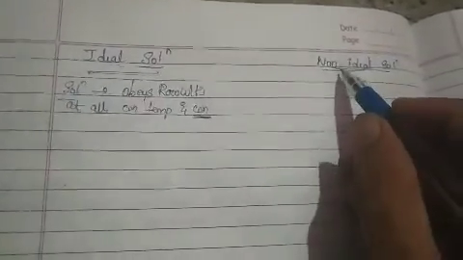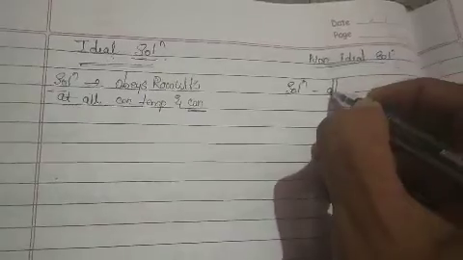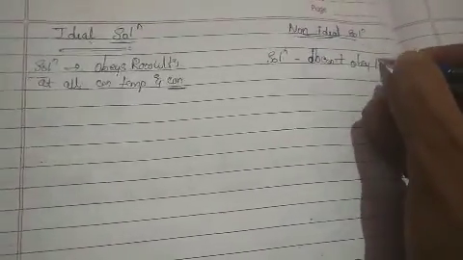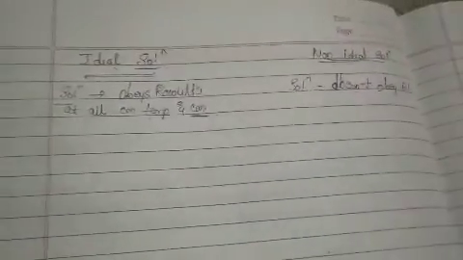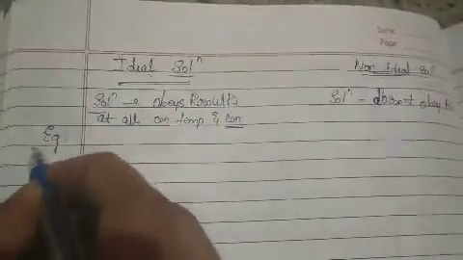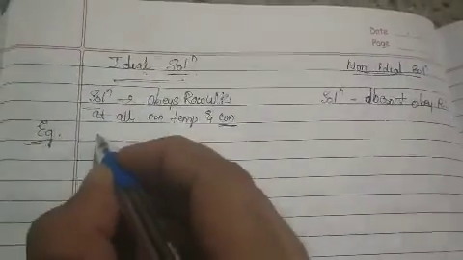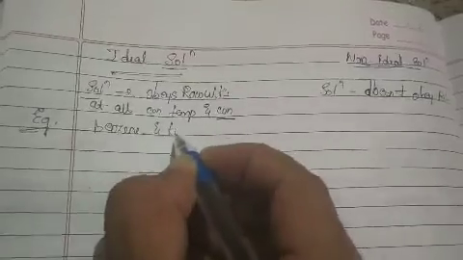Of course, you can easily say now what a non-ideal solution is: a solution that does not obey Raoult's law at all conditions of temperature and concentration is called a non-ideal solution. In an ideal solution, we can give an example, for instance a mixture of benzene and toluene.